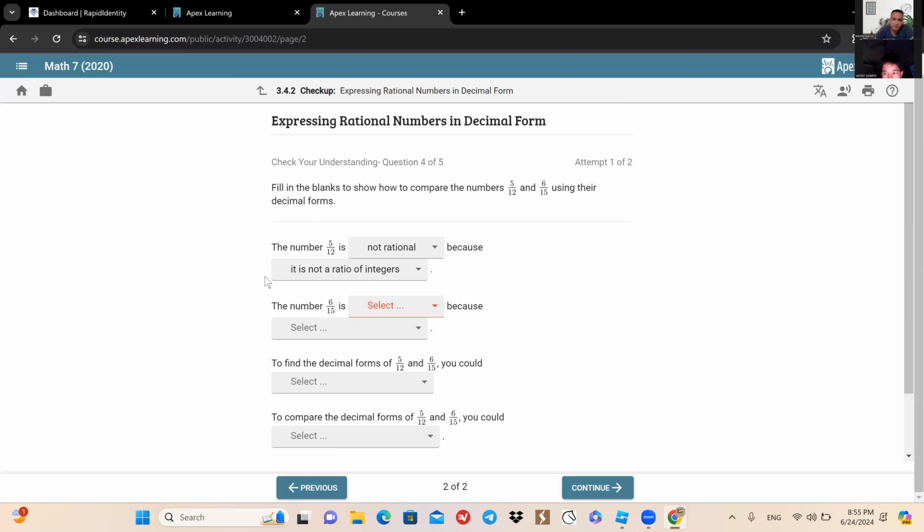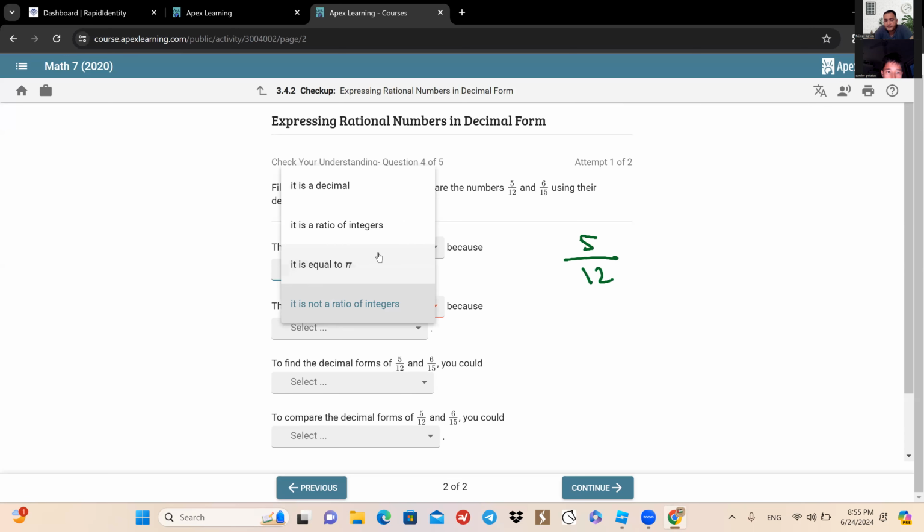Sardor, did you tell me what a rational number is? It's the ratio of two integers, right? 5/12. 5, is it an integer? Yes. 12 also yes. So it's a rational number. And pi is not a ratio of integers.